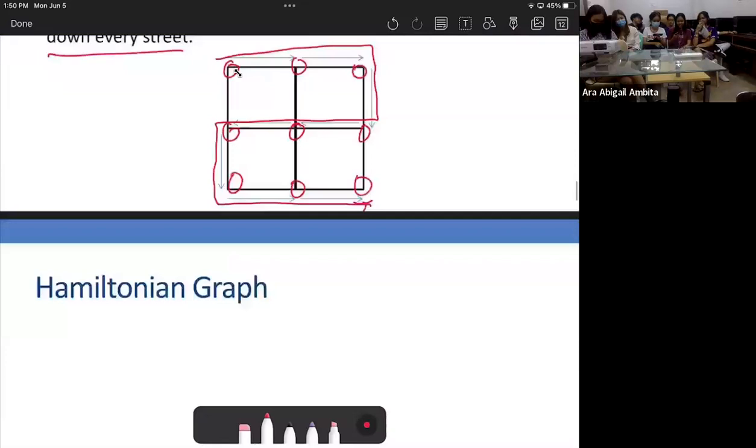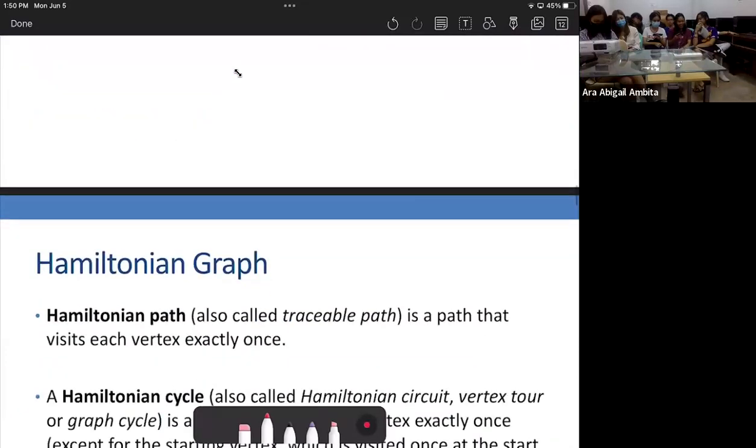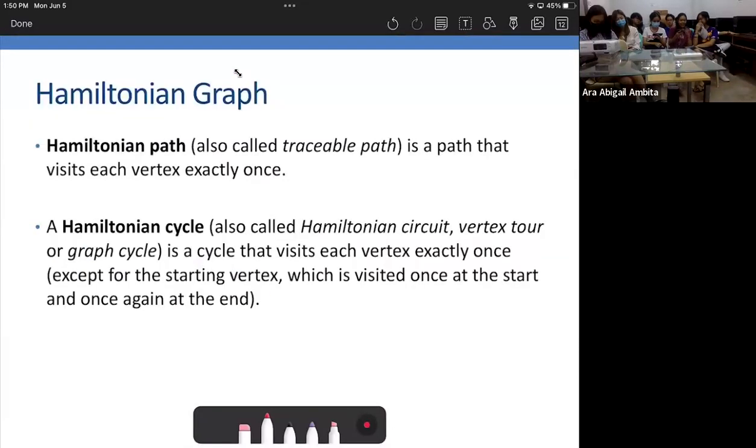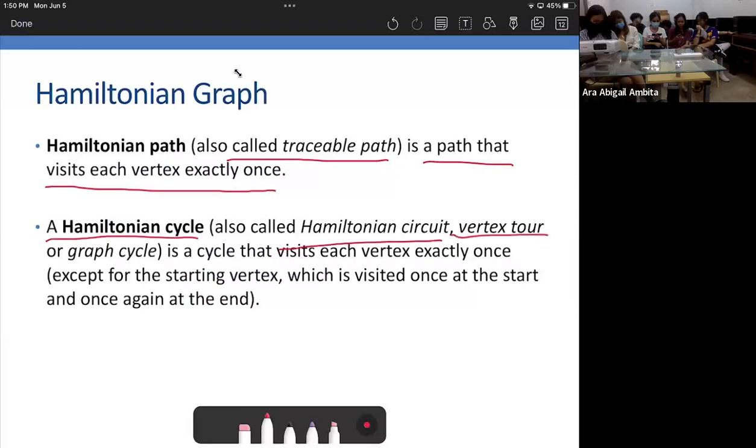Hamiltonian. So for edges, Euler. For vertices, Hamilton. Okay? So a Hamiltonian path is also called a traceable path, and it is a path that visits each vertex exactly once. It is called a Hamiltonian circuit or vertex tour or graph cycle.